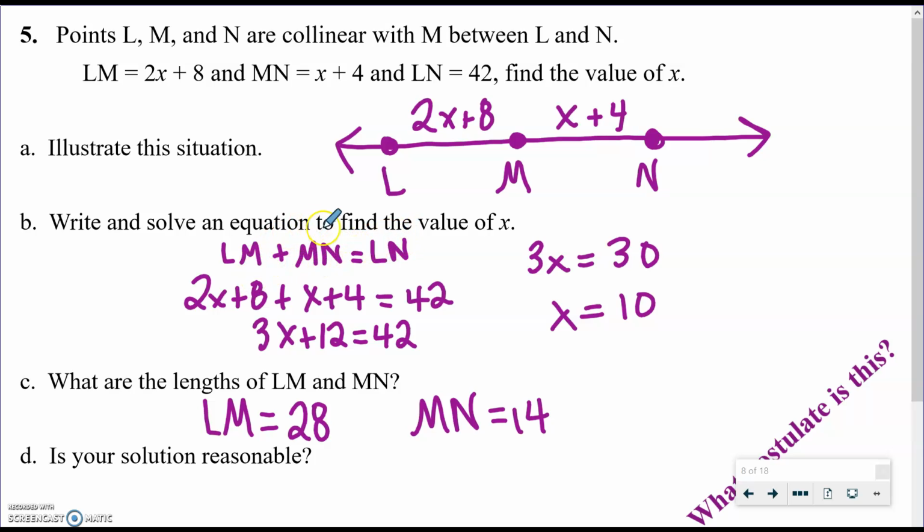And then plugged in what LM and MN were. And then 42 for LN. Solved your equation, got x equals 10. And then you can plug that back in, and 2 times 10 plus 8 will give you the length of LM, which is 28. And 10 plus 4 is 14, which is MN. Is your solution reasonable? Your answer to that should be yes, because when I add the two segments together, they give me the length of the entire segment LN.